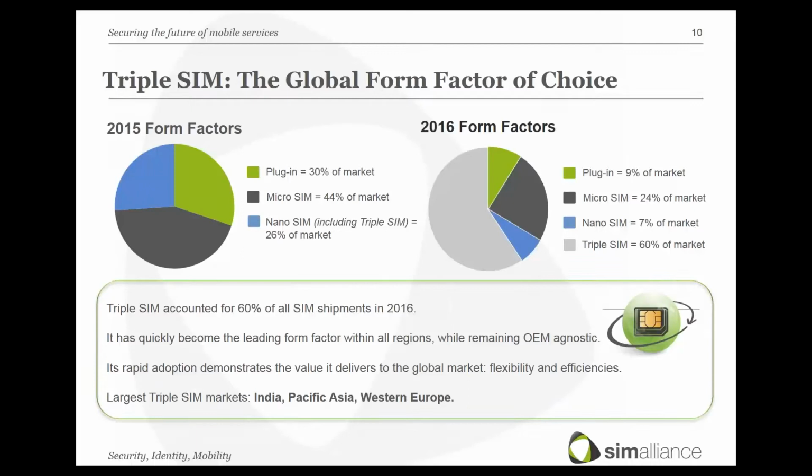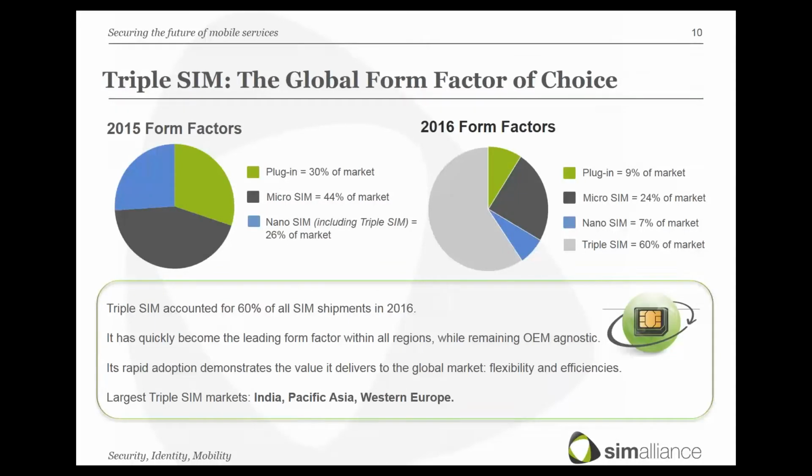And you see that in 2015, 30% have been still 2FF form factor, 44, which was a leading form factor, have been micro, and the nano SIM has made up for 26%. There was no explicit triple SIM reported, and the agreement was to have the triple SIM included into the nano SIM.